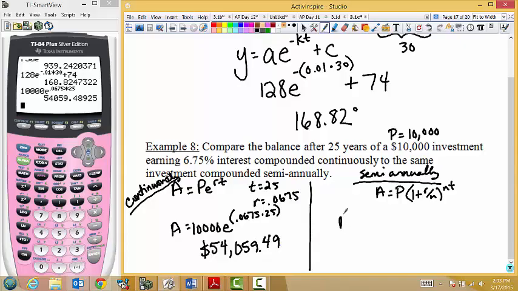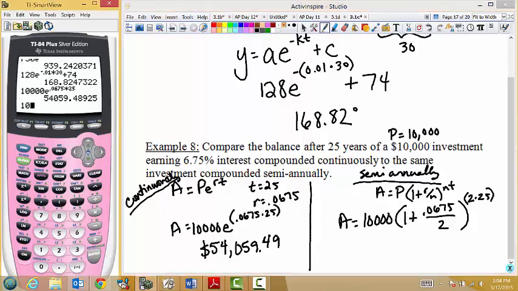And then semi-annually, A equals 10,000, 1 plus R is 0.0675 over semi-annually. Think about like Bath & Body Works semi-annual sale. How many times a year does that happen? 2. Semi-annually is 2. Annually is 1. If they give you quarterly, that's 4. N is 2 times the number of years, 25.